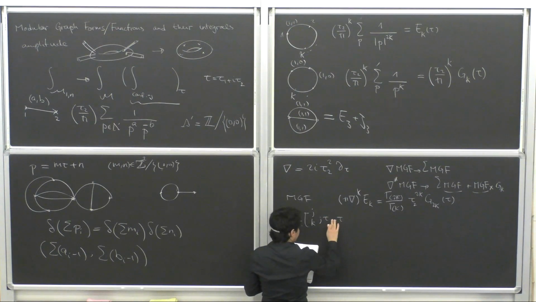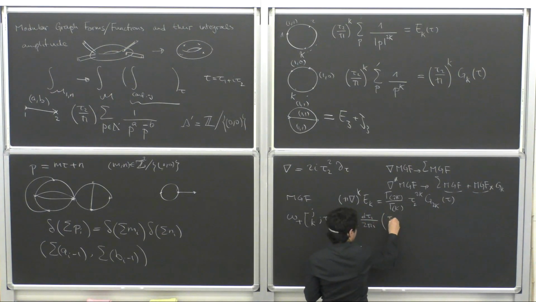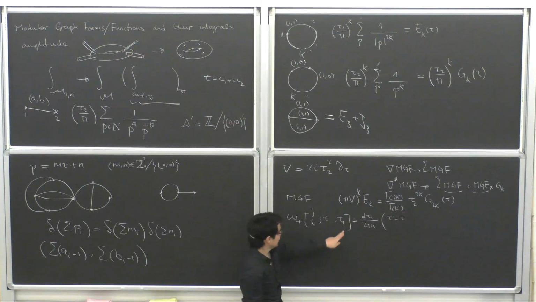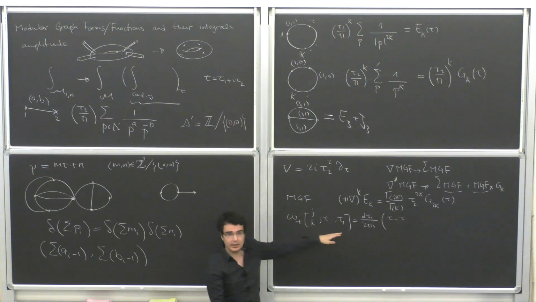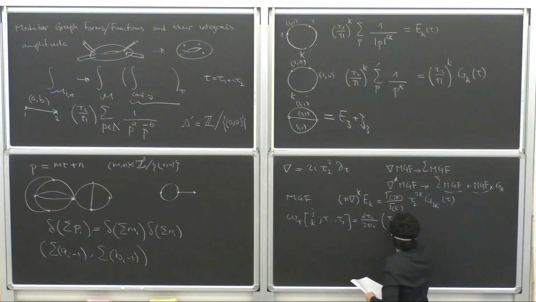We have a one form, which is d tau1 over 2 pi i. Oh, by the way, this tau1 is not that tau1. I'm just putting an index here. Sorry for this.